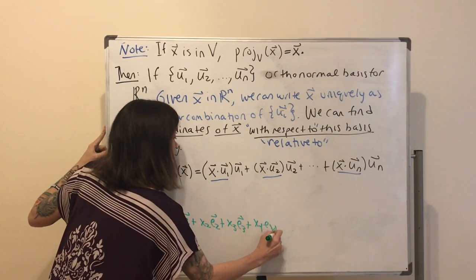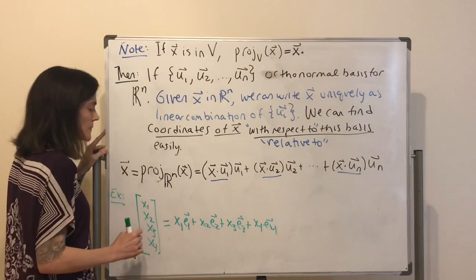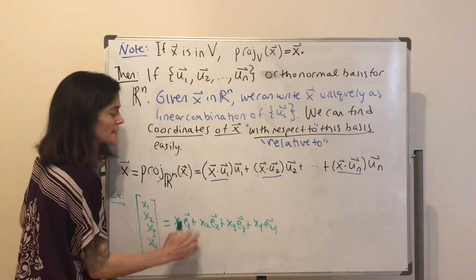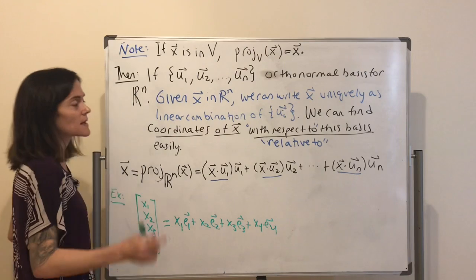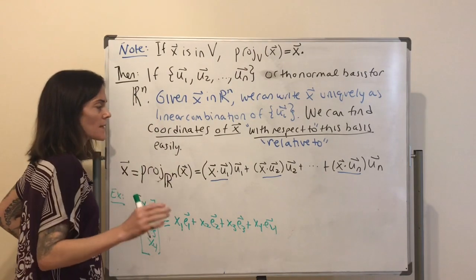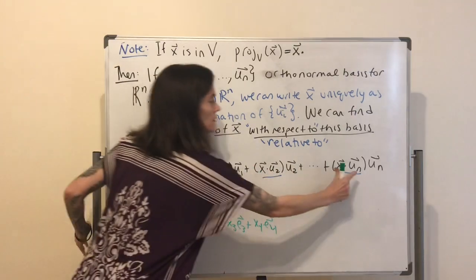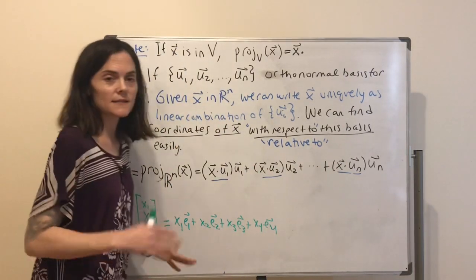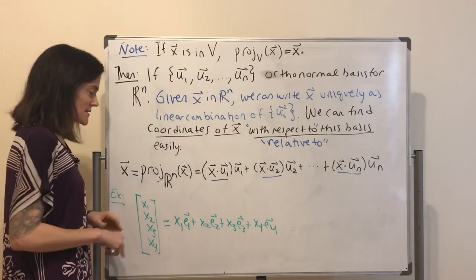In fact, this and this are equal. And so you see these x1, x2, x3, x4 are the coordinates of this vector with respect to the standard basis. But if you have a different orthonormal basis, then whatever the coefficients are, they would be called the coordinates of x relative to or with respect to that basis.